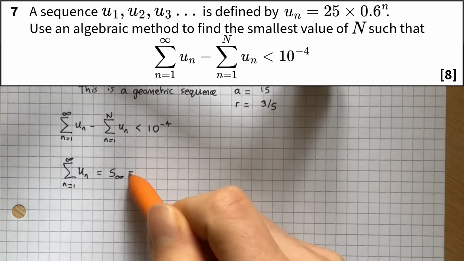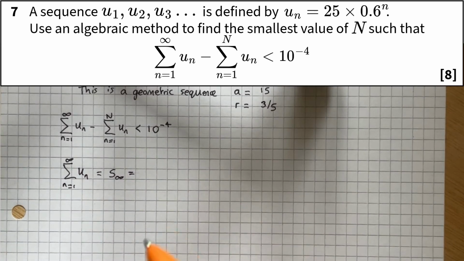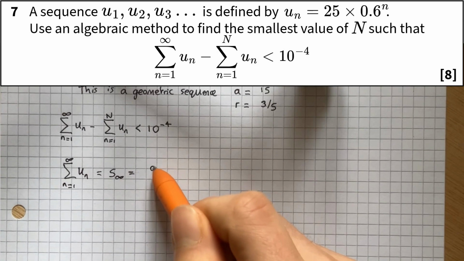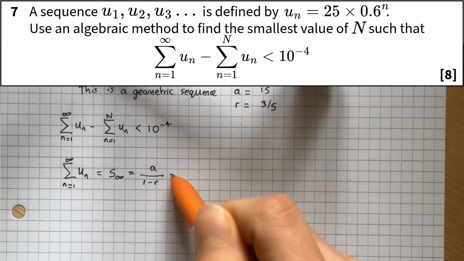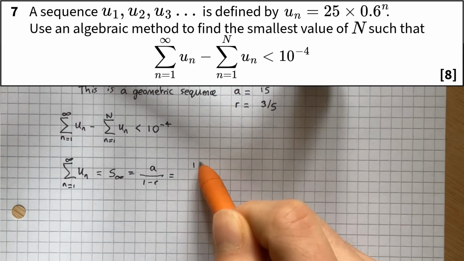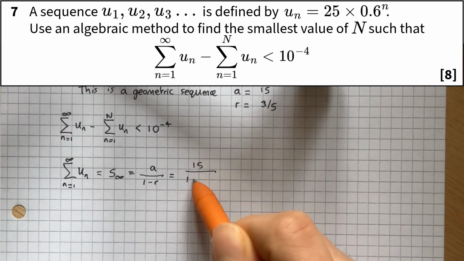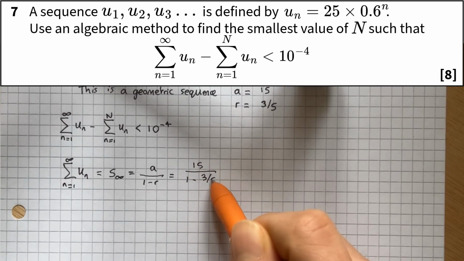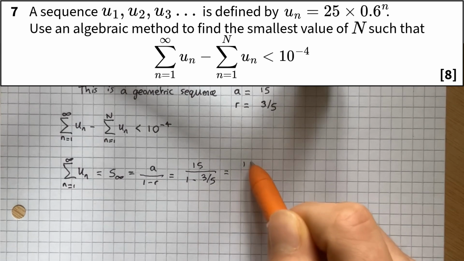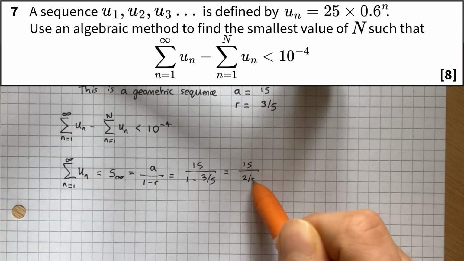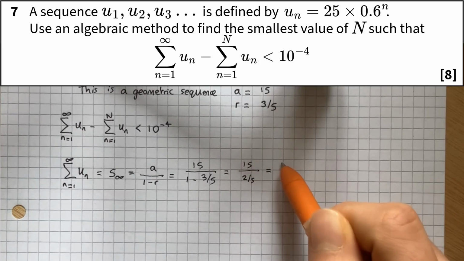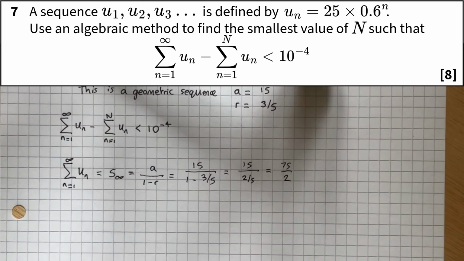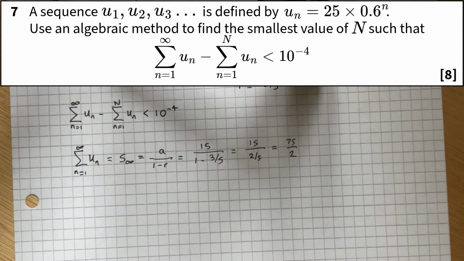So these represent the same thing, it's just a different notation. The formula, which will be in the formula book, is a over 1 minus r. A is 15 at the top of the screen there, and r is 3/5. So we can work this out. 15 over 2/5, times the 5 to the top, 75 over 2. Not too bad.